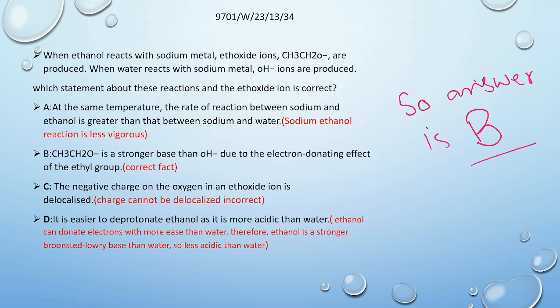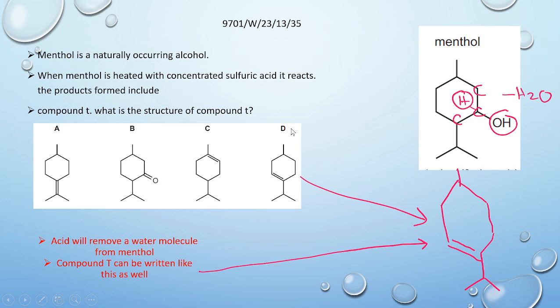While CH3CH2O- is a stronger base than OH- due to the electron donating effect. So this is correct actually. In the C part, charge cannot be delocalized. This is incorrect. And the third part, ethanol can donate with more ease than water. Therefore, ethanol is a stronger base. So it is less acidic than water.